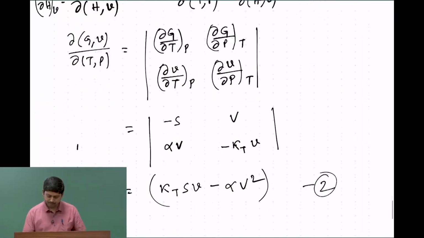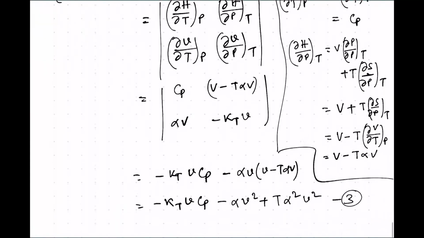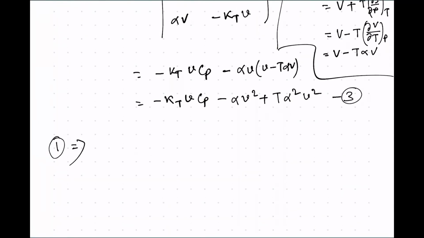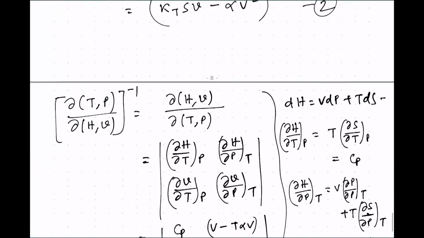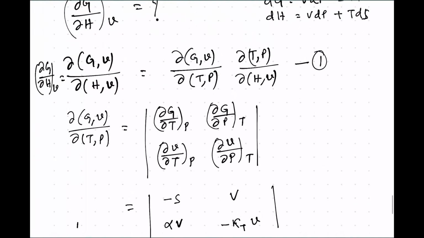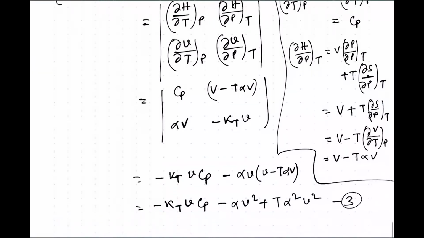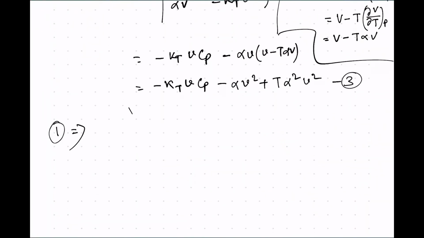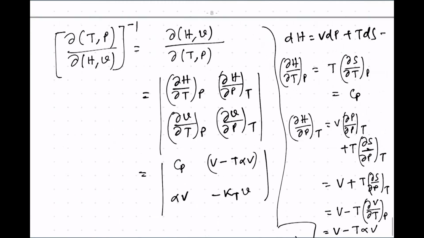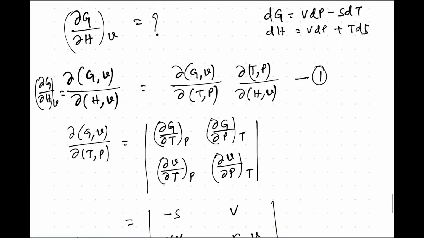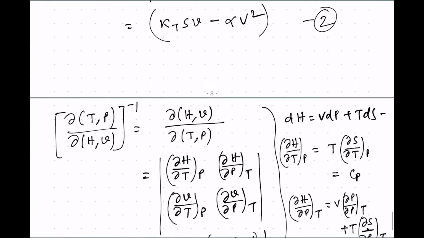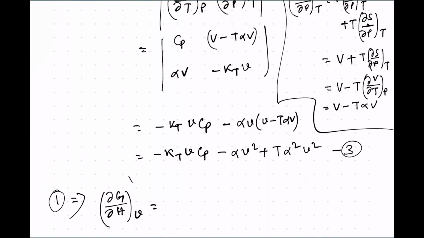From 1 we get that, in order to do this particular derivative, del g by del h at a constant v, which was a product of two quantities: del g v by del T p multiplied by del T p by del h v.